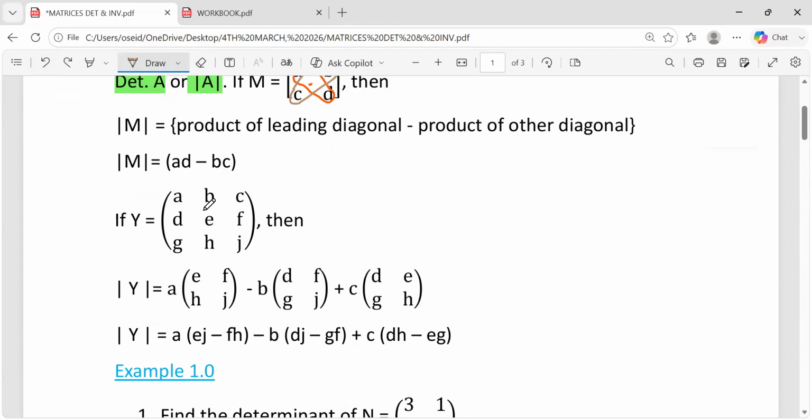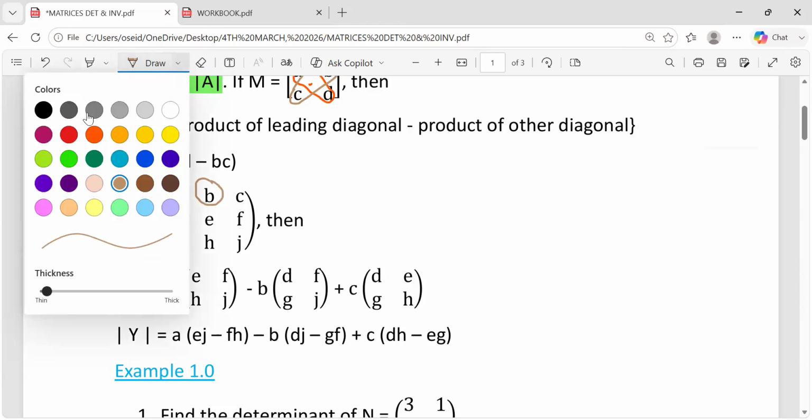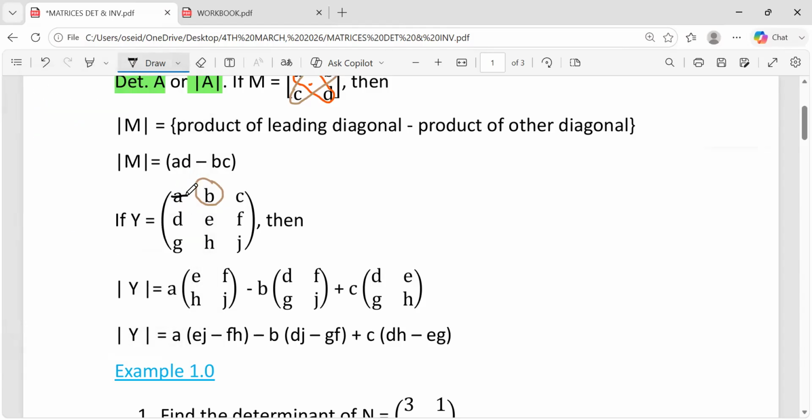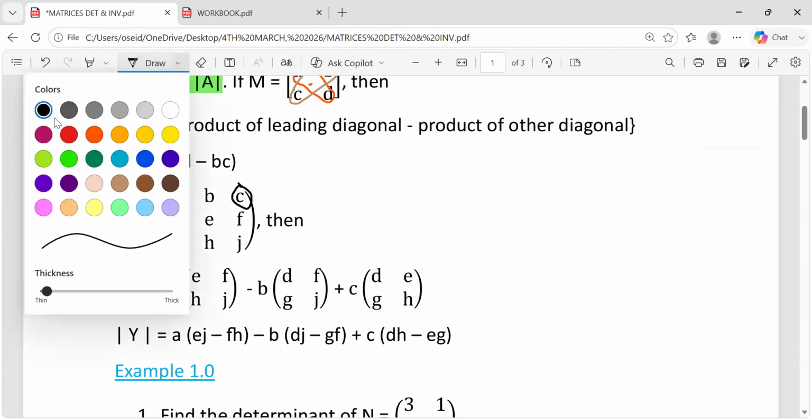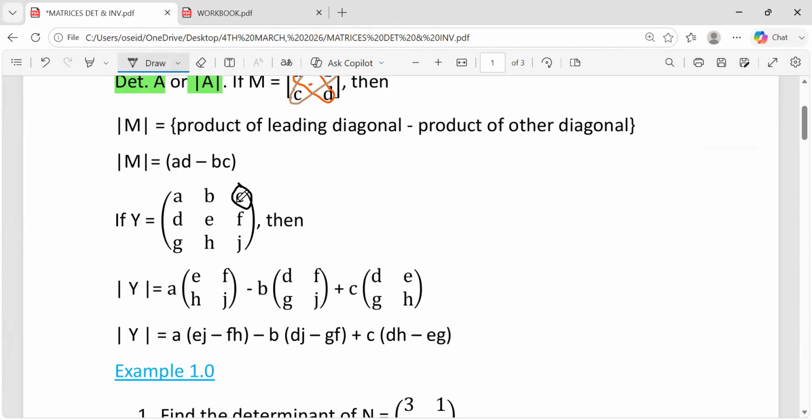Then we move on to the next element on the first row, which is B. When we take B and assume that its entire row and column are out, we are going to get B multiplying D, F, G, and J. Then when we take C out, we also assume that row 1 and column 3 are out.